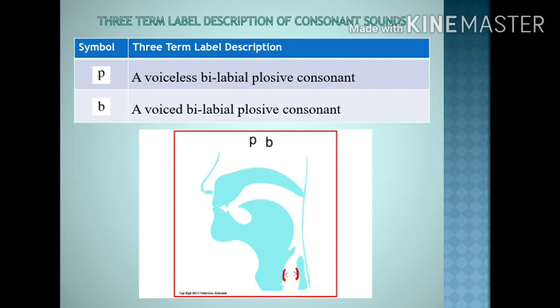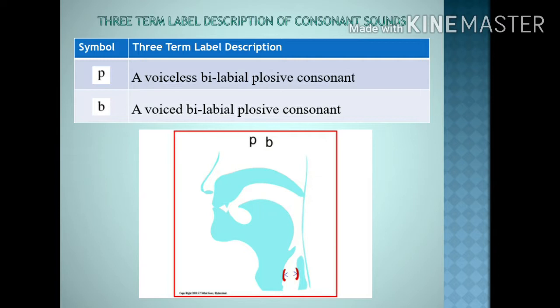So when I mention this, it looks like alphabet P, but it is not P or B. Moreover, it is a symbol, and that symbol has its own specific pronunciation. So please never call it P or B. Call it P and B. How do you call it? P and B.